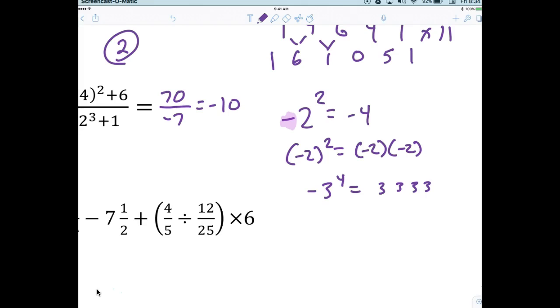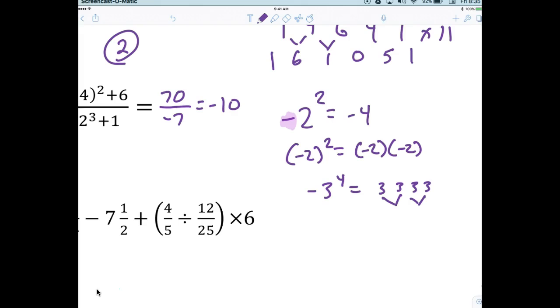Okay, Connor, listen. I'm trying to show you something now. So right here, when you're doing something to the 4th power, you're grouping them.